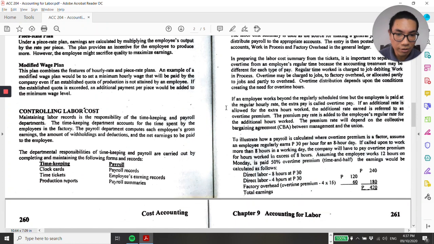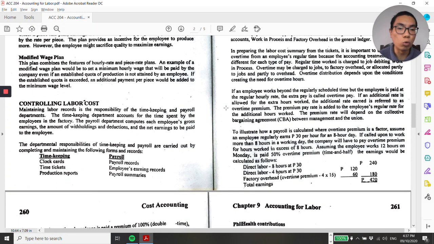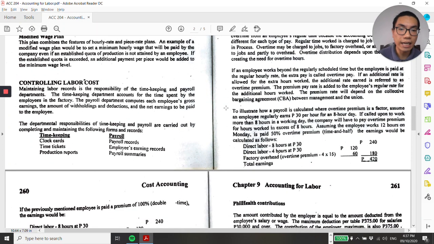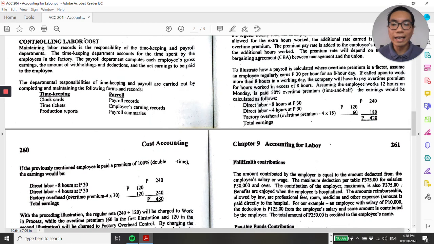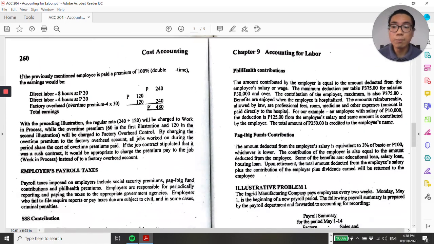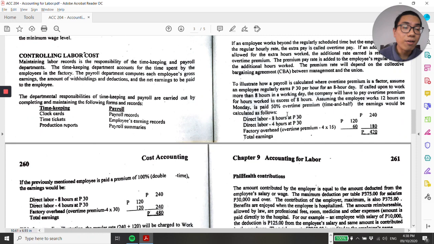For this particular discussion, allow me to share a sample illustration of how payroll is calculated. When it comes to payroll calculation, we need to highlight the different government contributions mandated for every payroll setup.